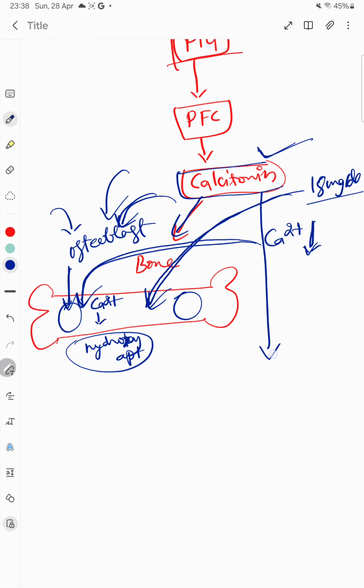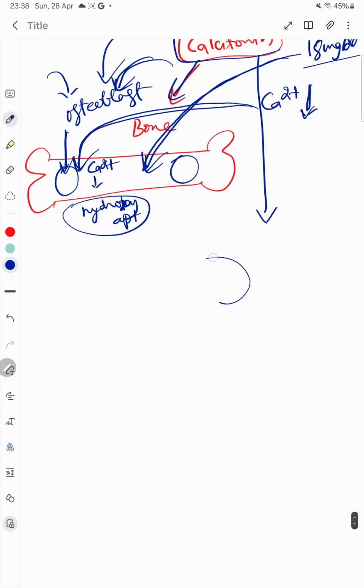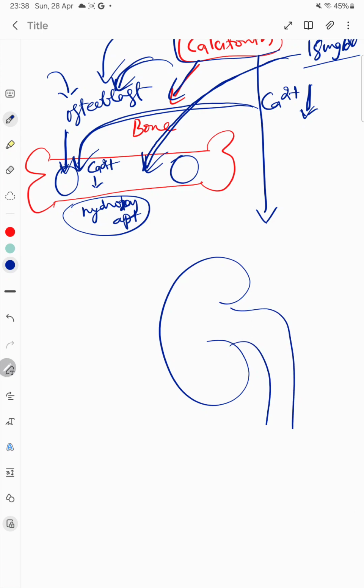Now the action of the same calcitonin on the kidney. We have already discussed in the previous explanation that PTH acts on the kidney, whereby reabsorption occurs and increases the calcium level. But the scenario is different here. We have increased calcium levels, right? So we have to decrease the calcium level.